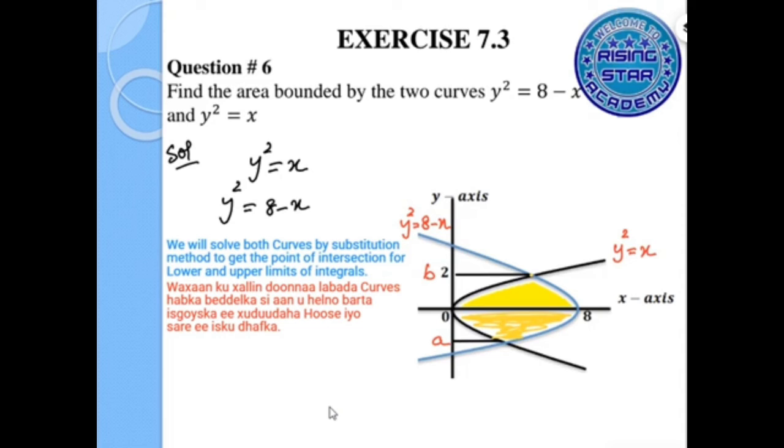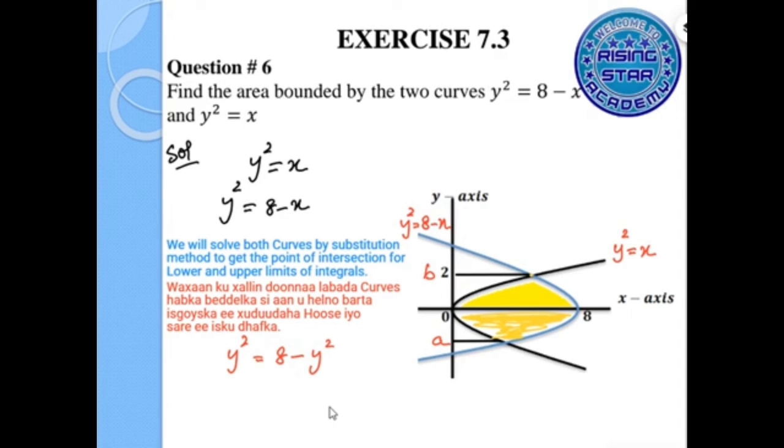Now we will write x is equal to, sorry, we will write y squared is equal to 8 minus y squared, because we are going to find the limits along y-axis.